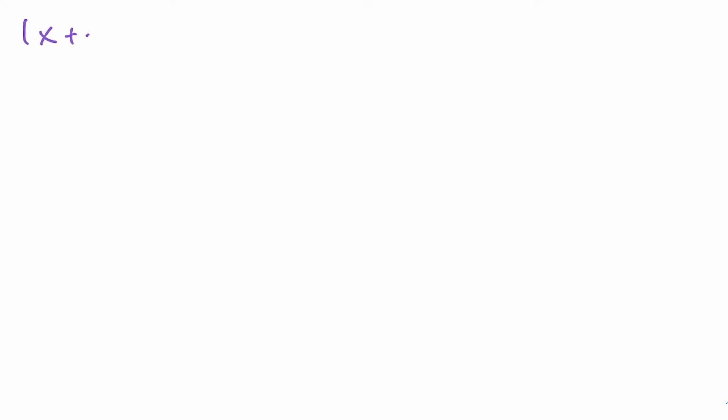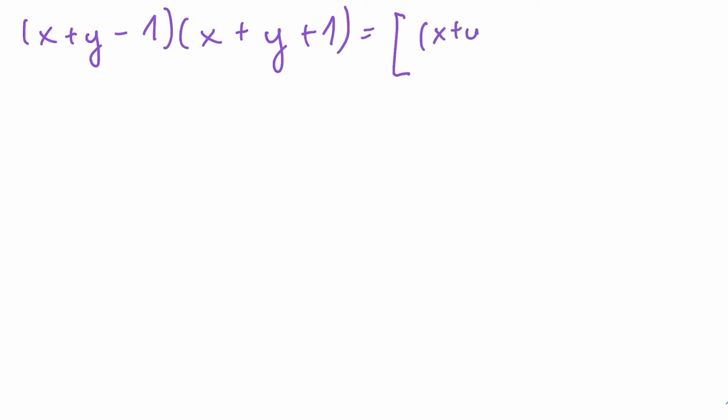x plus y minus 1 times x plus y plus 1. So in this case, we would use the product formula. So we would realize that that's really x plus y minus 1 times x plus y plus 1.